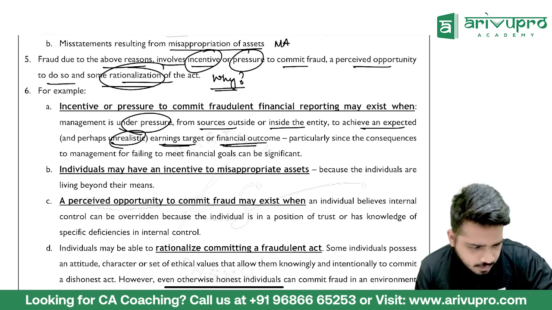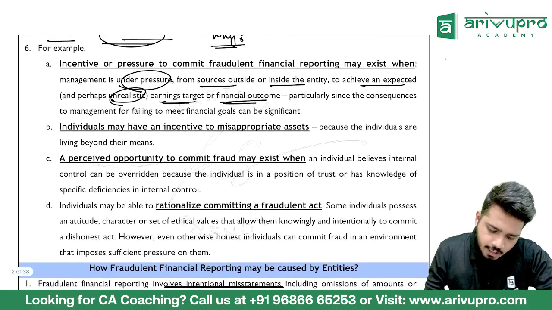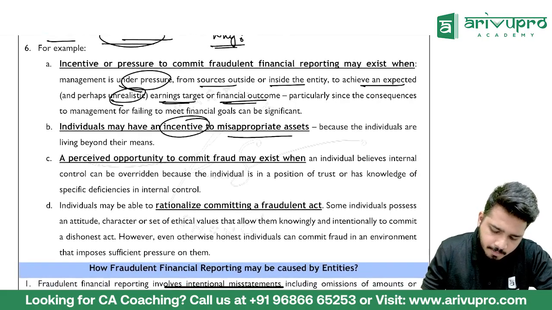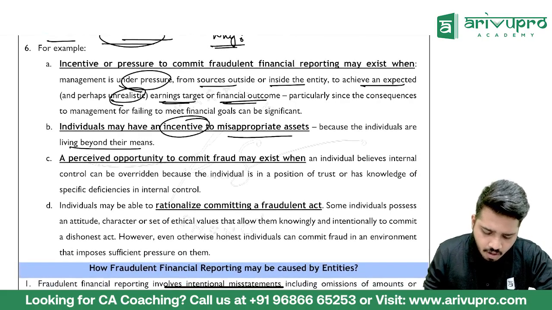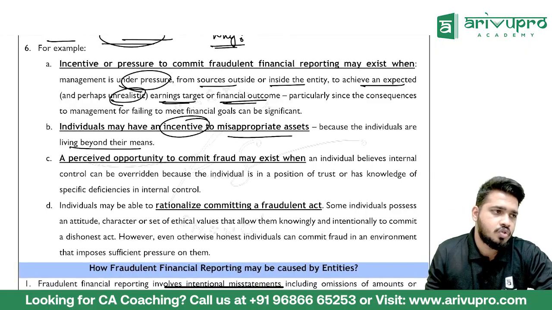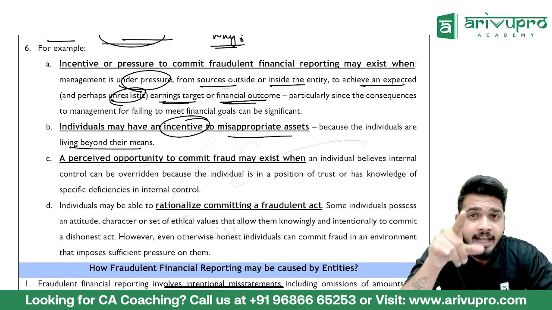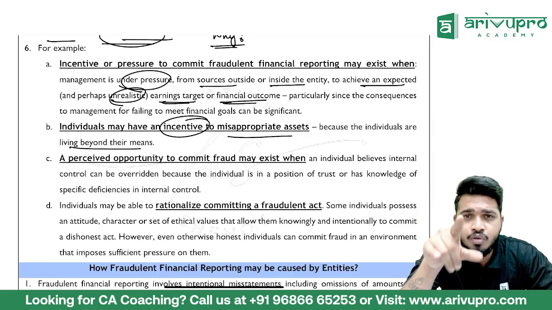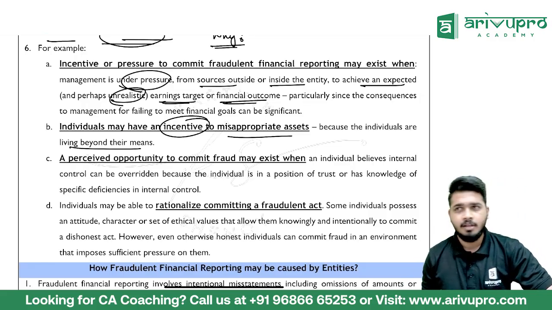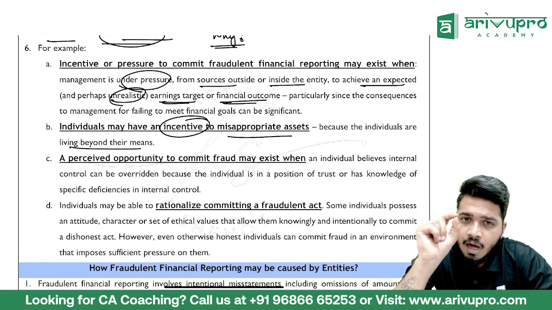Okay? Right, sir. Next. Individuals may have an incentive to misappropriate the assets because individuals are living beyond their means. Incentive, sir. If I say you do fraud, next day morning in front of your house, you increase this particular turnover and management will tell, I'll gift you BMW. I'll gift you BMW car.